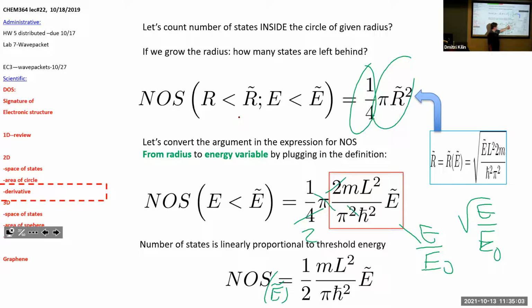If one cancels all constants, then it will be energy and size of the box.